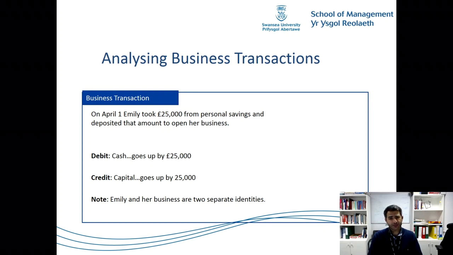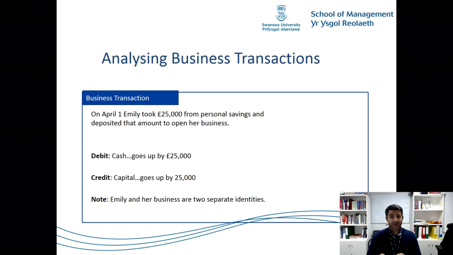Now, in the first transaction, she started her own business, right? If she started her own business, this means capital is involved. So if you go back to the debit and credit rules, you know that capital should be recorded on the credit side by £25,000. So can you see, this is the transaction: cash is debit, capital is credit.